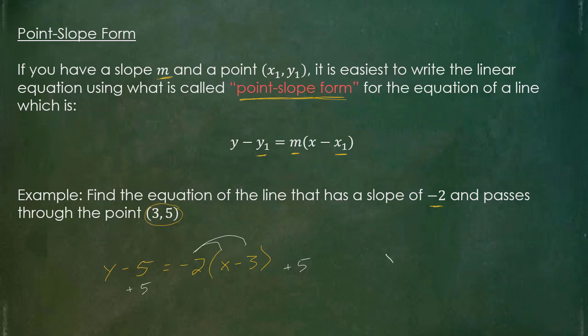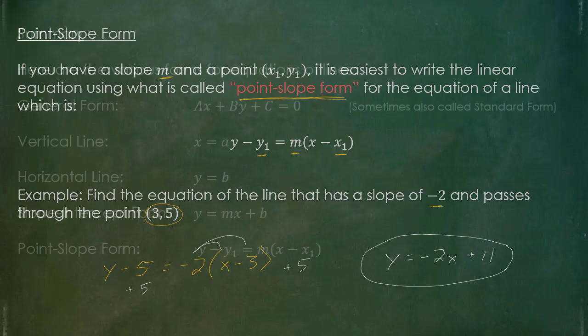So with this one, the equation in slope-intercept form would turn into, I'd have negative 2x, and if I distribute that negative 2 through, I'd end up with negative 2 times negative 3, which is positive 6, that I would add with that 5 to come up with a positive 11. So the equation of the line that passes through that point, 3, 5, and has the slope of negative 2, is this in slope-intercept form, y equals negative 2x plus 11.